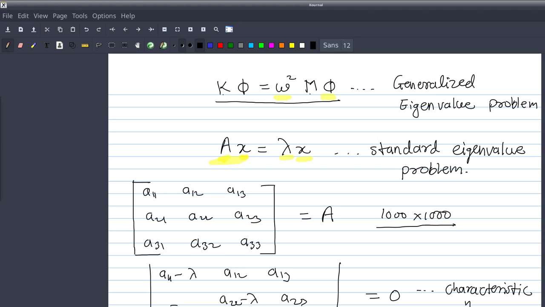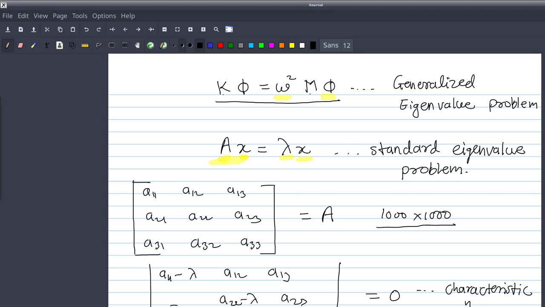So my task today is to give you a brief overview about the different numerical methods of solution of eigenvalue problems, and then maybe we will try to code some of them on the fly while the lecture is going on. So let us see how well it goes.